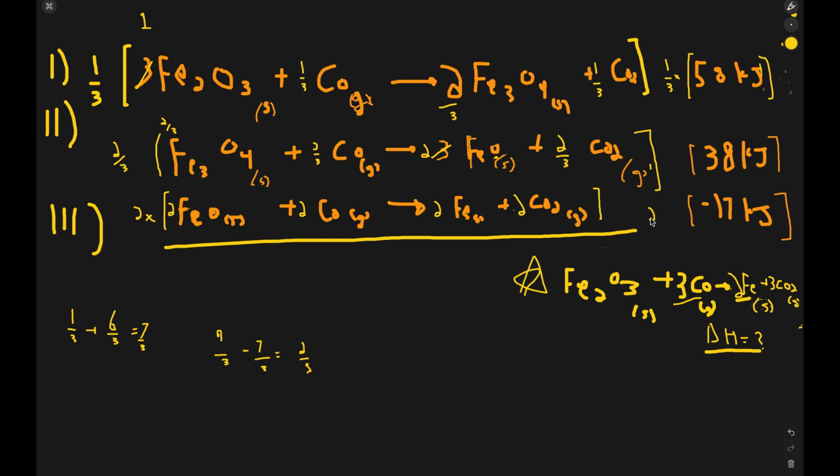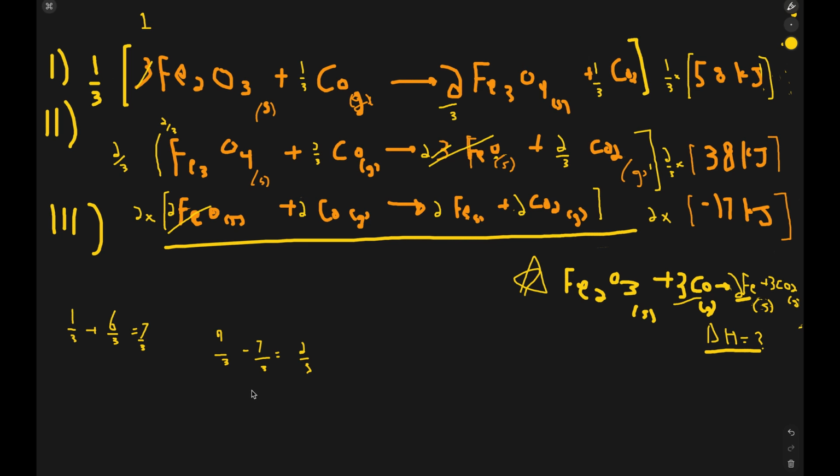And don't forget to do the same to the enthalpies. So by this, we have the two irons cancel out, the FeOs cancel out, and everything else kind of just adds up.